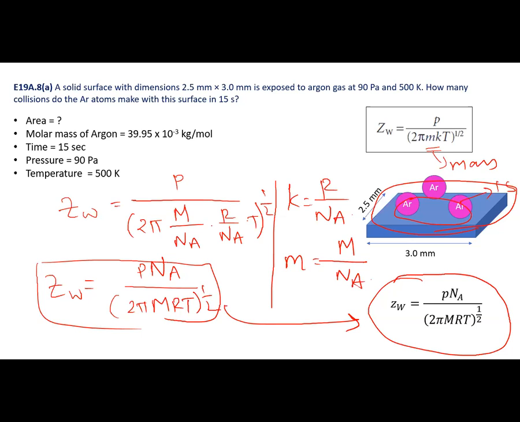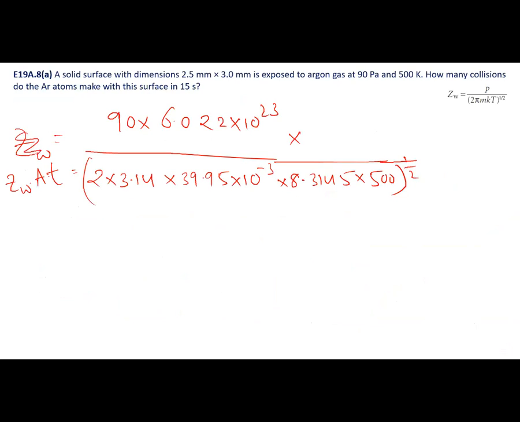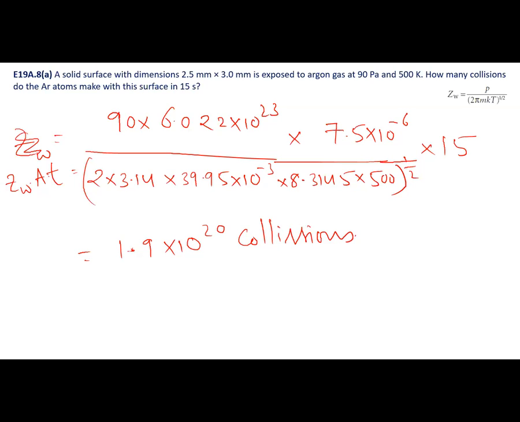We get the area as 7.5 × 10^-6, and the time is 15 seconds. Now we just solve this math. We get 1.9 × 10^20 collisions that will occur on that surface in 15 seconds.